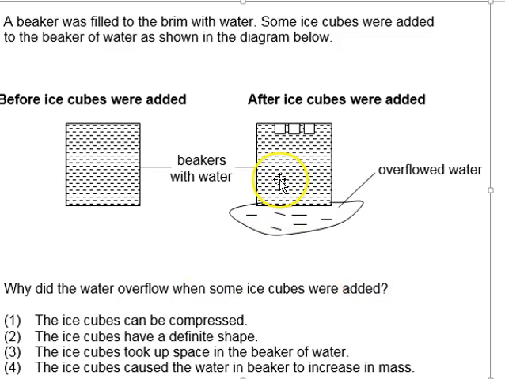But the ice cube caused the water in the beaker to increase in mass is not true, because the mass of the water in the beaker would remain the same. There's only the same amount of space in the beaker, and it will not increase its mass because when the water flows out, the water that remains in the beaker would remain the same, and therefore the mass would still remain the same.